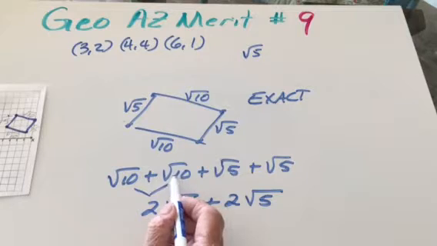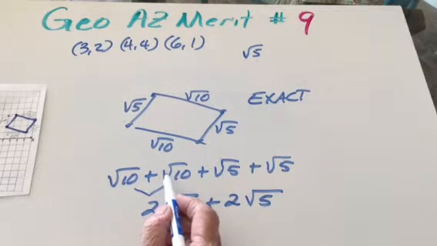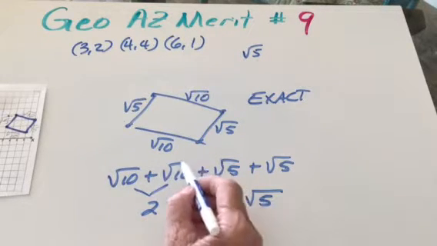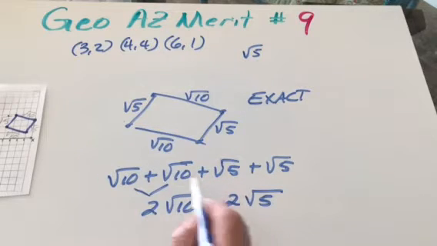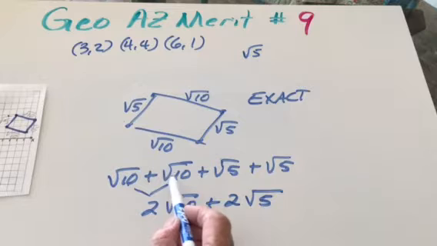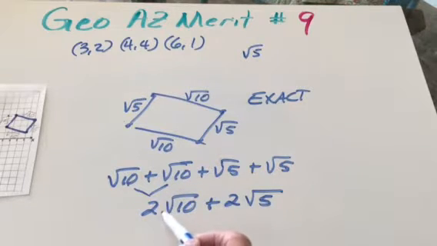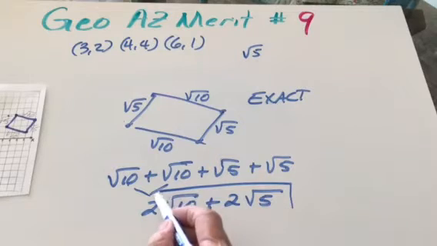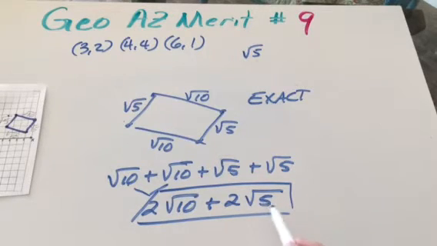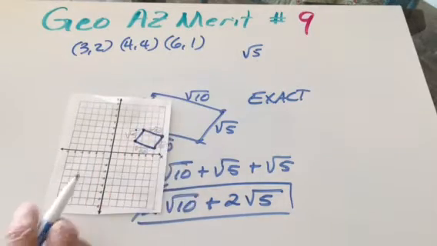You can't add and say that's radical 20. Okay? You can't add the radicals. You can multiply them, but you can't add them. So I know there's 1 plus 1. There's 2 of them. And then there's 2 of these. So it's kind of a silly, ridiculous answer, but that's the answer. And that's an exact answer for the perimeter of that parallelogram.